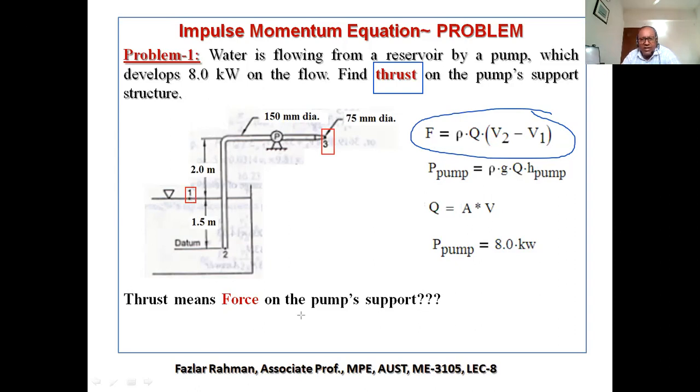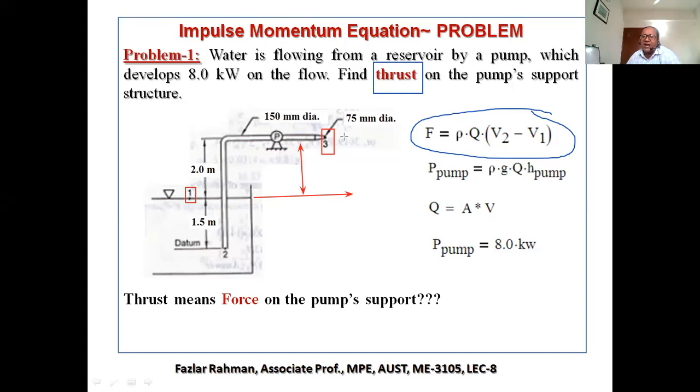If this is your reference line, what will be your Z1? 0. And for point 3, P3 is releasing water to the atmosphere, so atmospheric pressure. What will be Z3? Z3 will be this much height. And this will be V3.